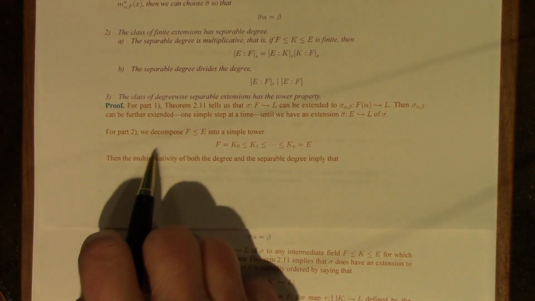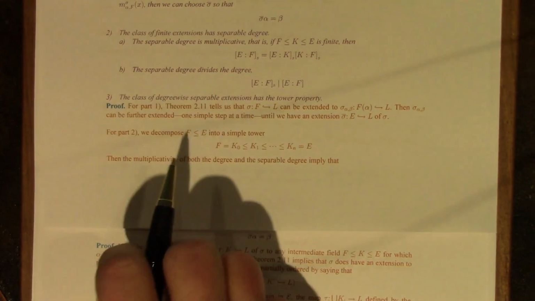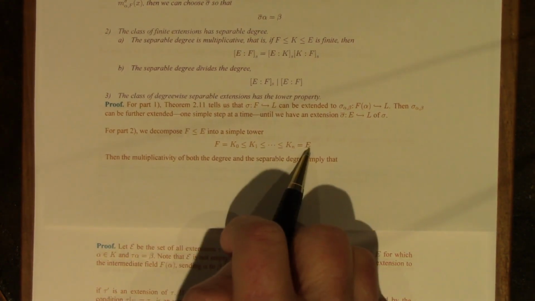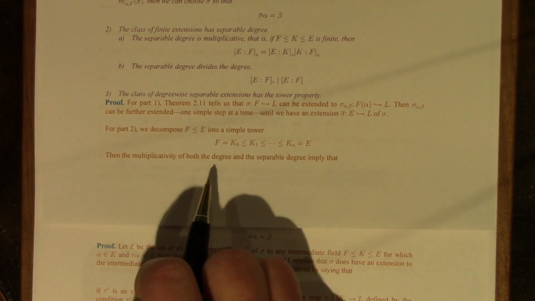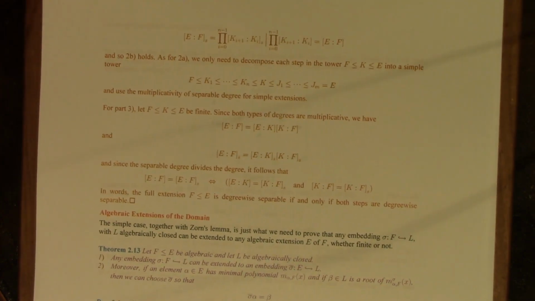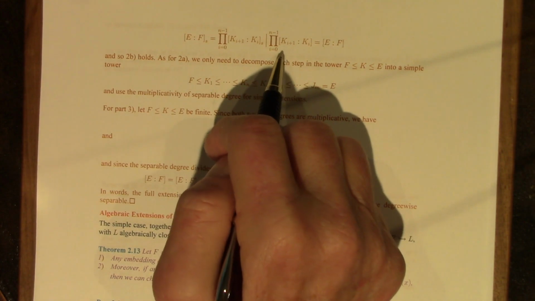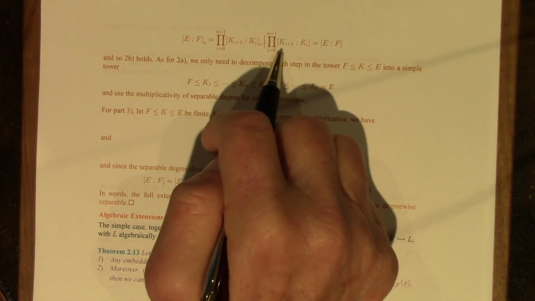Okay. As far as part 2 is concerned, we decompose the finite extension into a simple tower. We have multiplicativity of both the degree and the separable degree. And we have the fact that the separable degree divides the ordinary degree.